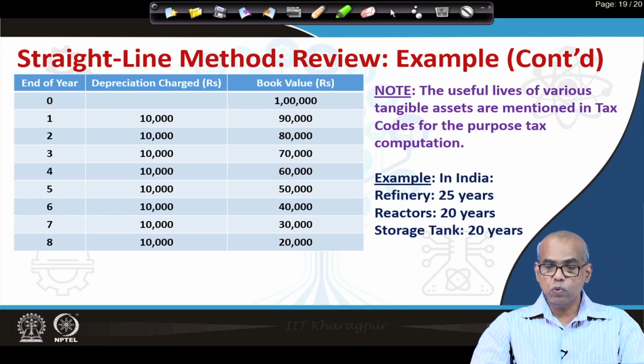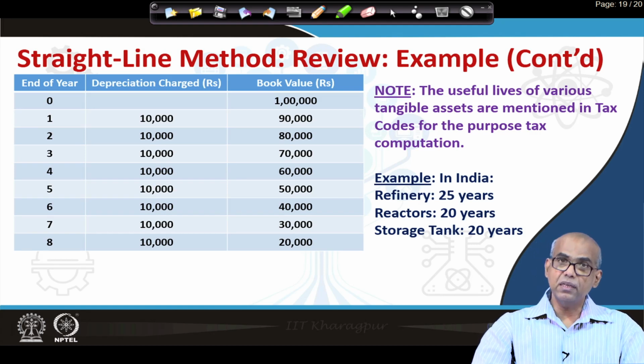Note that the useful lives of various tangible assets are mentioned in the tax codes for the purpose of tax computations. For example, in India, the refinery has 25 years of useful life for the purpose of tax computation. Reactors have 20 years and storage tanks also have 20 years.